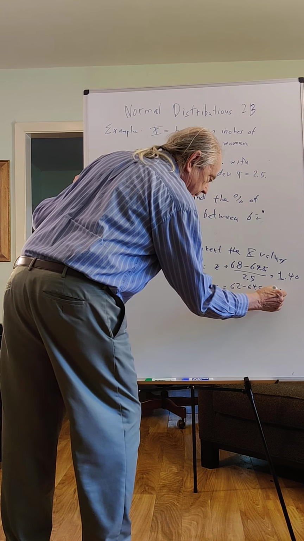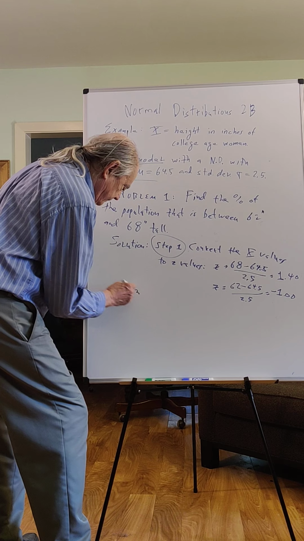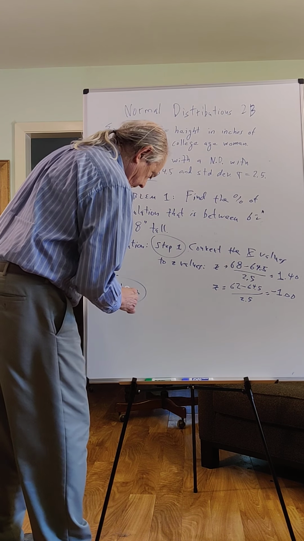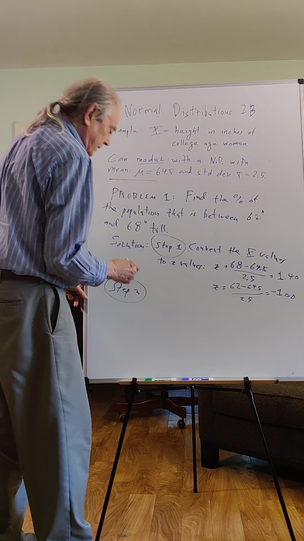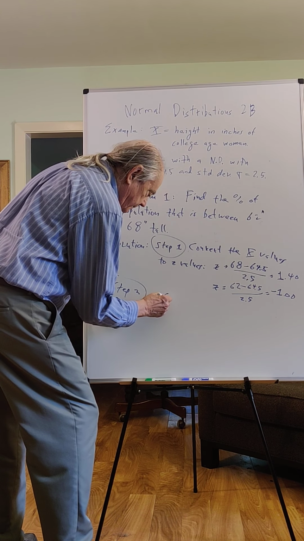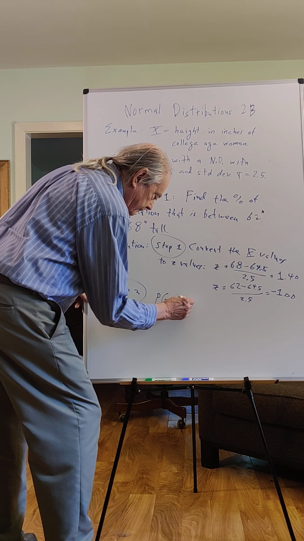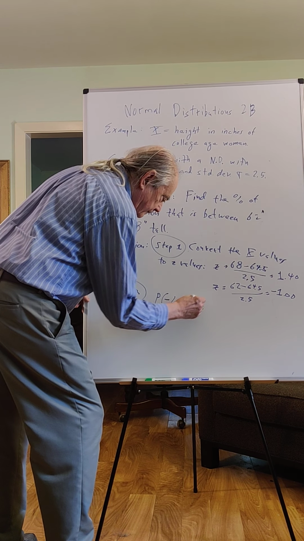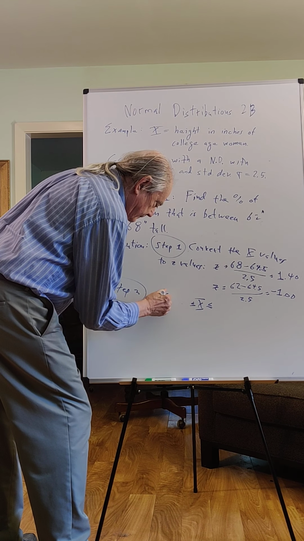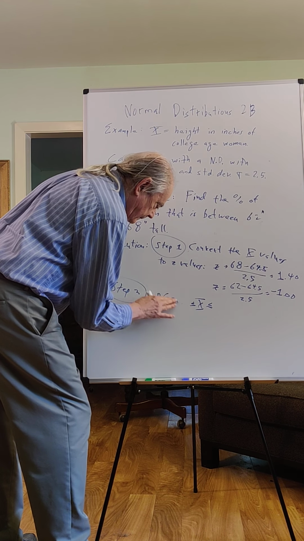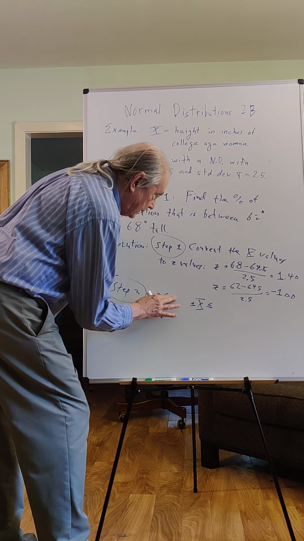Now step 2. So we're trying to find this probability. Let's see, I have this backwards here. (62 to 68), excuse me.